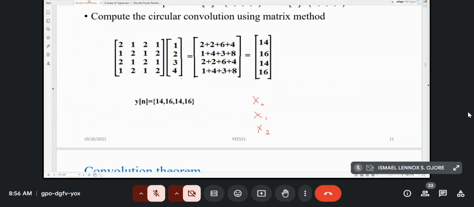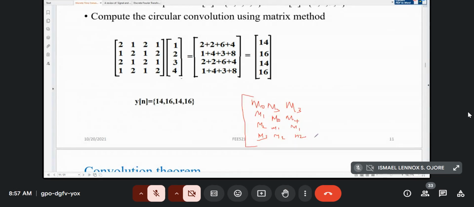Maybe I should not use x because I'm already using x here. Let's use m. You have m0, m1, m2, m3. The matrix you create, this is m0, m1, m2, and this is m3. Then you have m1, m2, m3, m4.